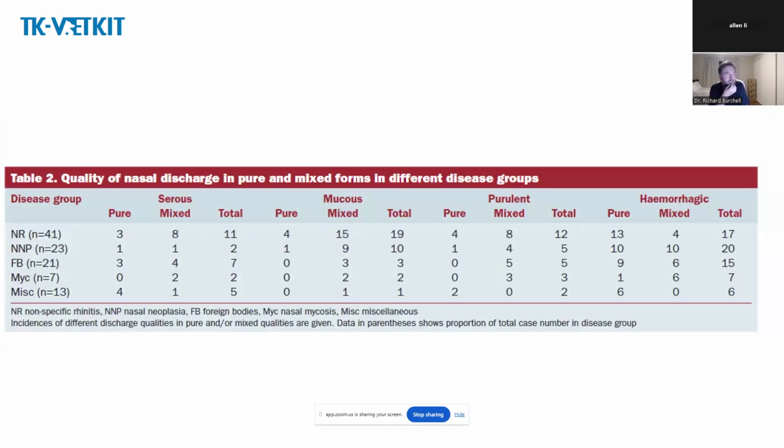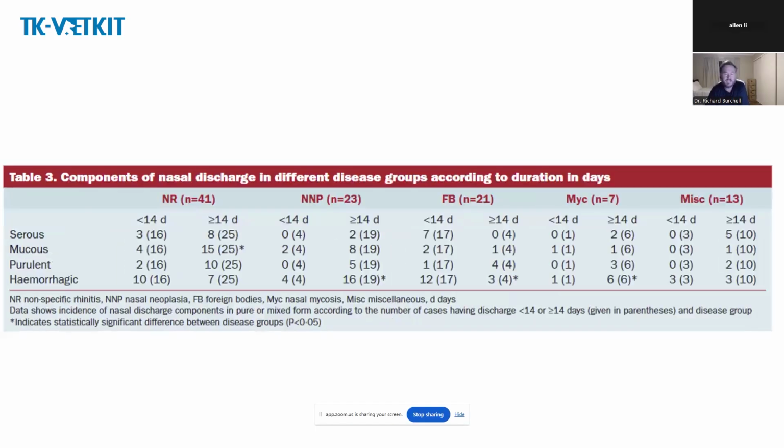If we look at the nature of the discharge, we can also see that there was an even mix between serous mucus, pussy or purulent, and hemorrhagic or mixed nasal discharges. And so basically there was no real statistically significant difference between the type of nasal discharge and the type of disease that was observed.